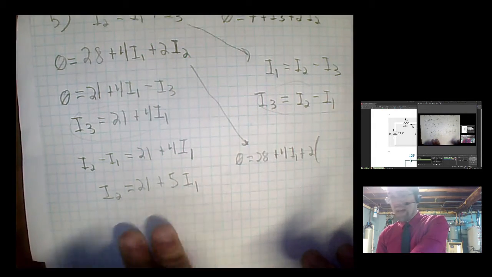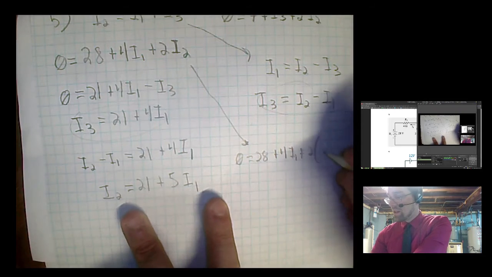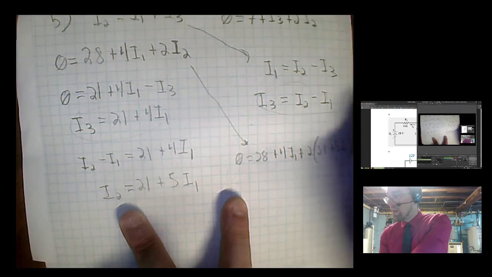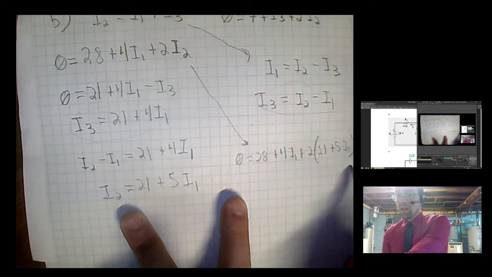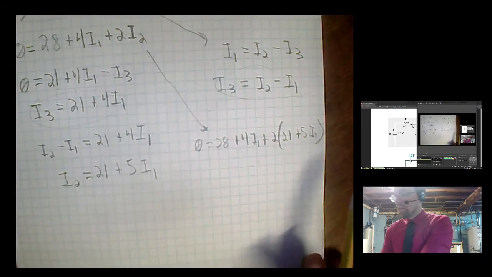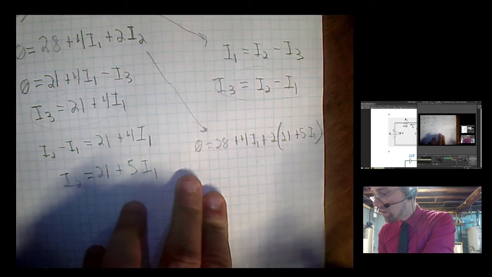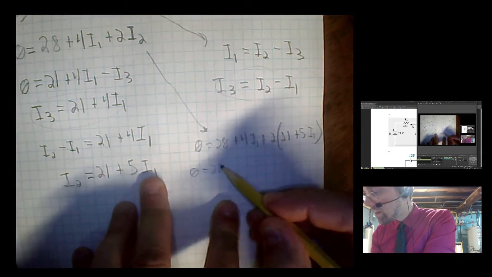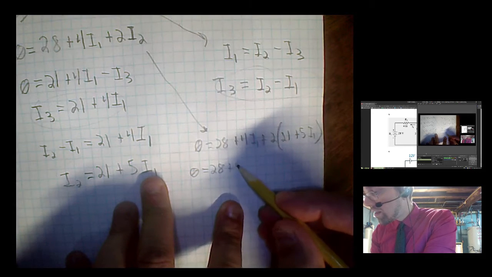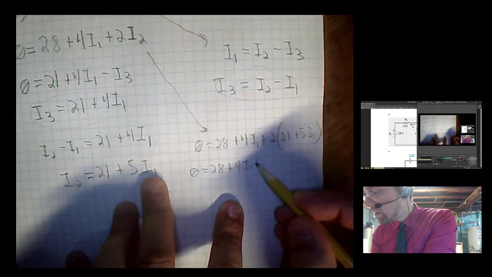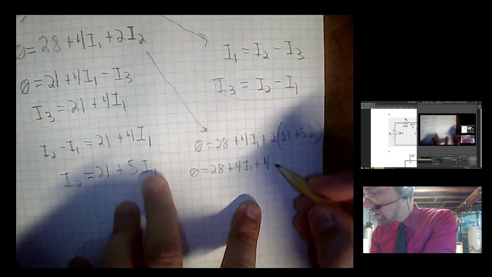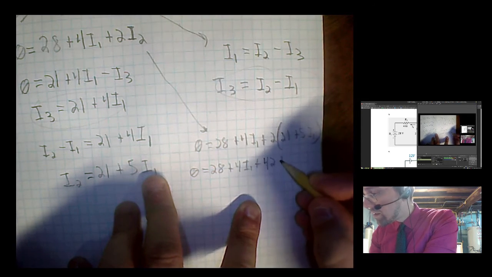But instead of that, let's plug in this. Here I have one equation where the only unknown is I1. Let's do some algebra and see if it helps us. So what's that? 42 plus 10I1.